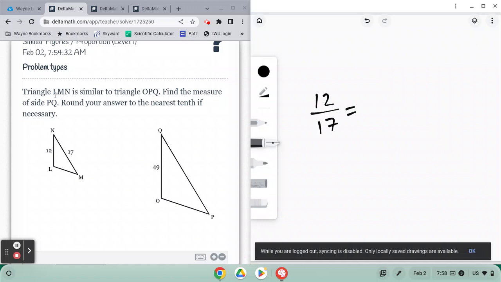If we look here, LN was first and third. It tells us LMN is similar to triangle OPQ here. OQ on this side, they match up, so that'll go on the top. Now, we don't know what side PQ is yet because there's no label, so that's where I will put my X. At this point, I will cross multiply: 12 times X, 12X equals.